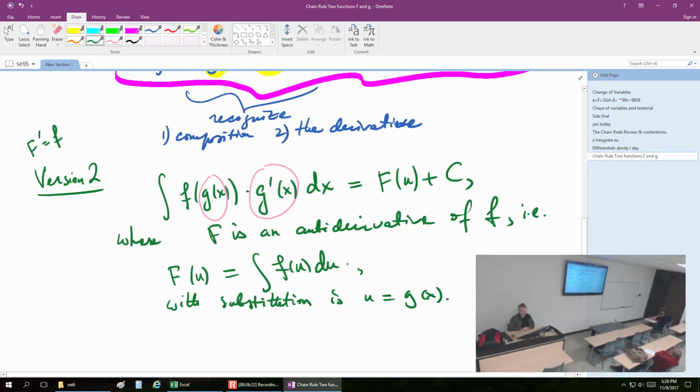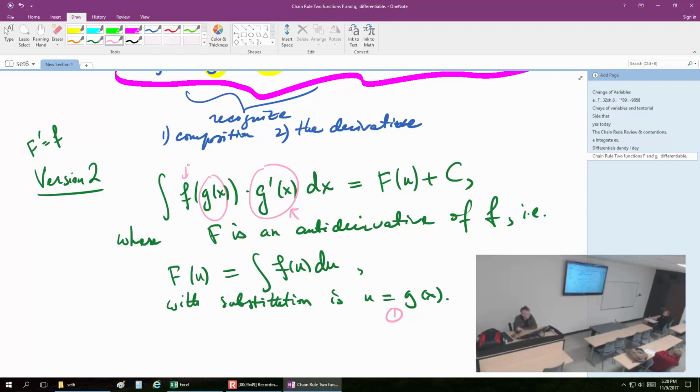So once again, how do we do it? We pick the substitution. So that's step number one. Then we find g prime and deal with it somehow. And then we identify f. That should be clear because we're doing decomposition.